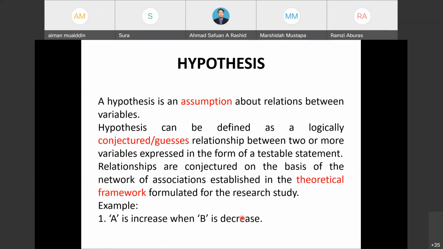A hypothesis is an assumption about the relation between variables. So we can understand here that we should have variables or parameters in our study. For example, if you want to study stabilization, your variables might be the strength and the amount of stabilizer.